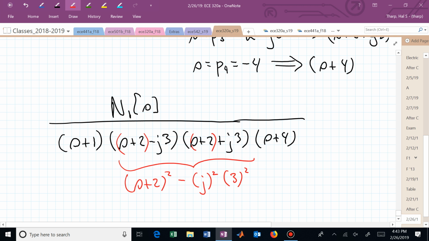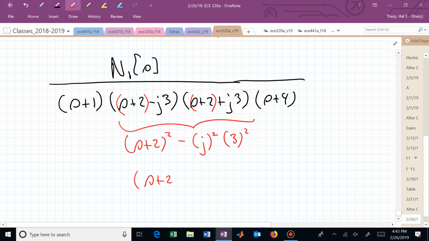What's j squared? Minus 1. So minus j squared is plus. Here is where we come back to what we just talked about earlier. So if you wanted to write that quadratic that has complex roots, you could write it in this form. And now it's in real coefficients, but you've explicitly identified that its roots are at minus 2 plus and minus j3. Another way of convincing yourself that this formula is consistent with those distinct roots.